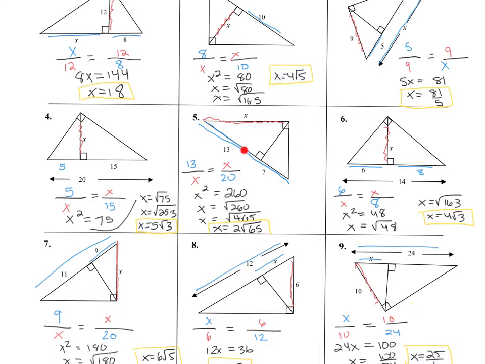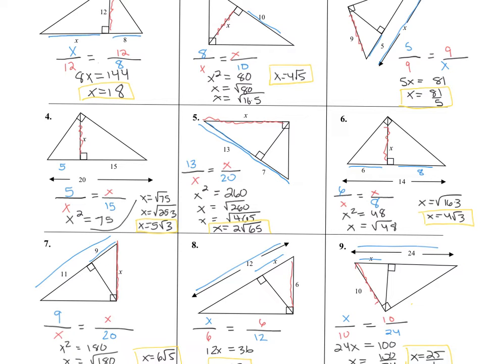And then if this is 13 and this is 7, then the whole thing is 20, and that's how I knew that there. And then it's the same steps all the time. I'm going to cross multiply, then I need to square root, then I need to figure out what perfect square is a factor so that I can simplify it into its lowest terms. So 260 is 4 times 65, which ends up being 2 times the square root of 65.